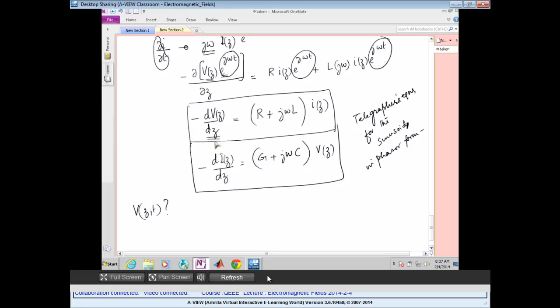What does it mean? I know that at every position in the transmission line, I know how the voltage is evolving as a function of position. I know the slope of V as a function of z. There is a small problem here. If I try to solve, these are actually coupled equations.